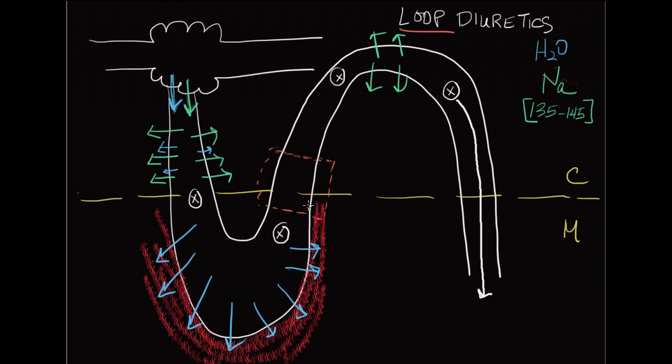Some of the sodium that's reabsorbed by that transporter, the sodium potassium 2-chloride transporter, allows sodium to come into this medullary area and contribute to this concentration gradient. The remaining sodium gets reabsorbed in this area outside of the medulla, and that goes back into the body, into the plasma.